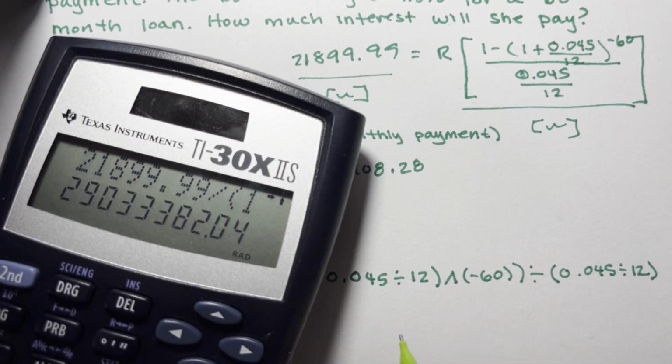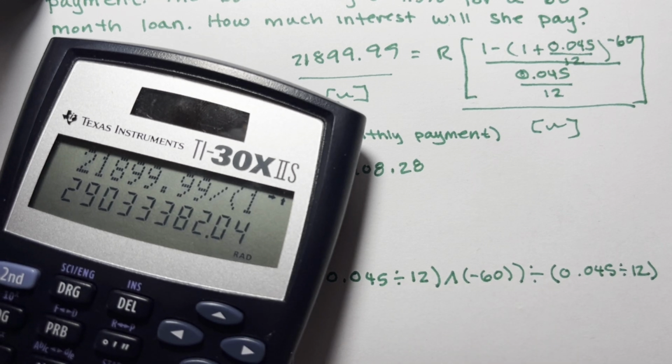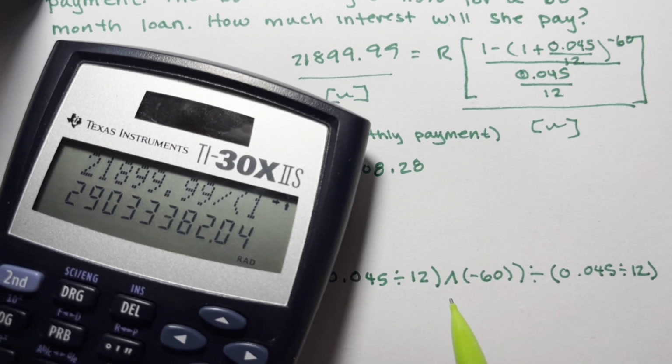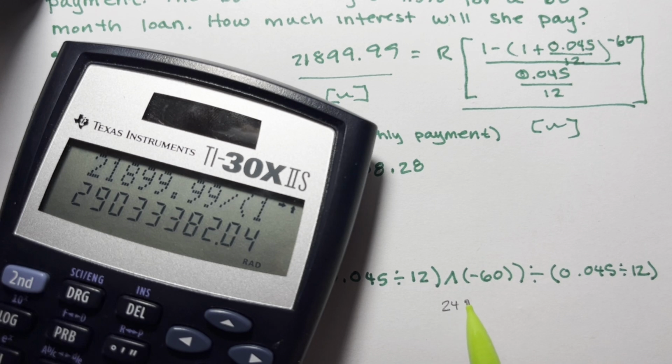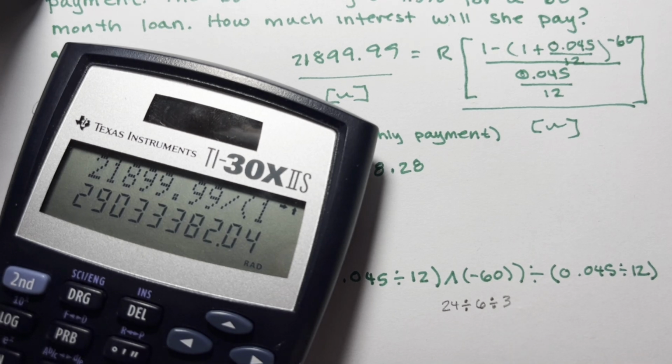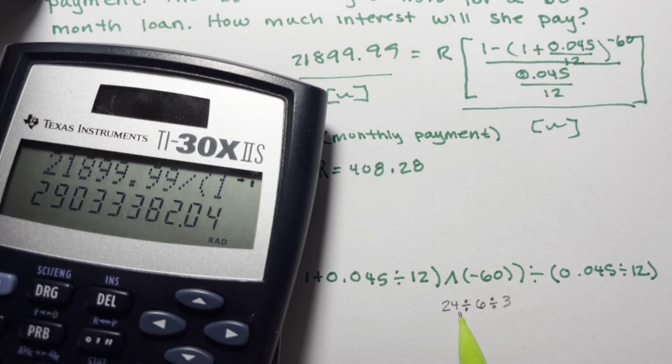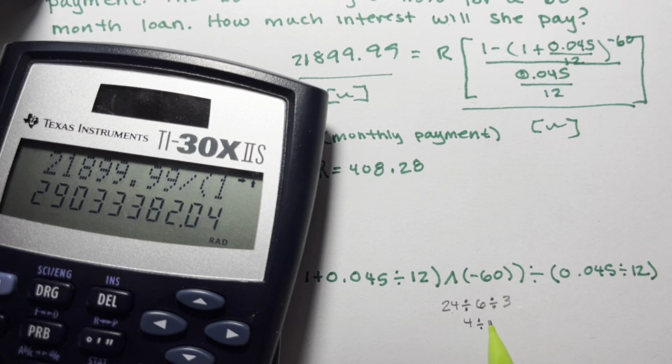I'm going to jump down to simpler numbers. Let's say I have 24 divided by 6 divided by 3. Well, if I take 24 divided by 6, I get 4, and 4 divided by 3 is 4/3.